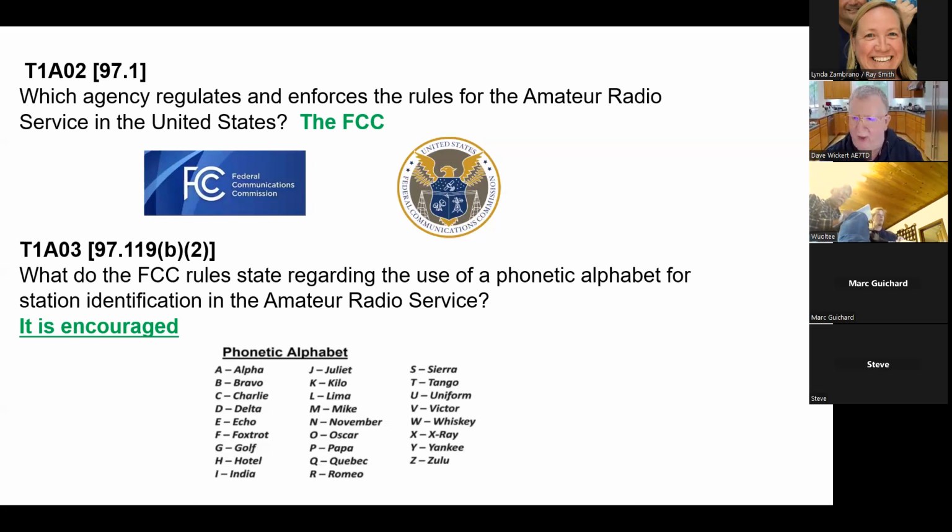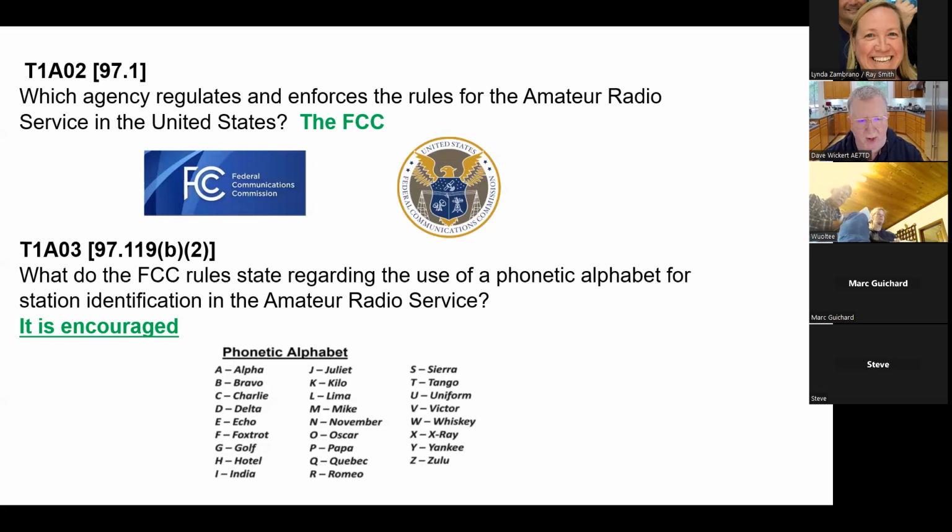What's the FCC's position around the use of the phonetic alphabet? They encourage it. They don't require it. So sometimes you'll hear people on the air that rather than saying Sierra, will say sugar, or rather than saying Oscar for O, they'll say ocean.